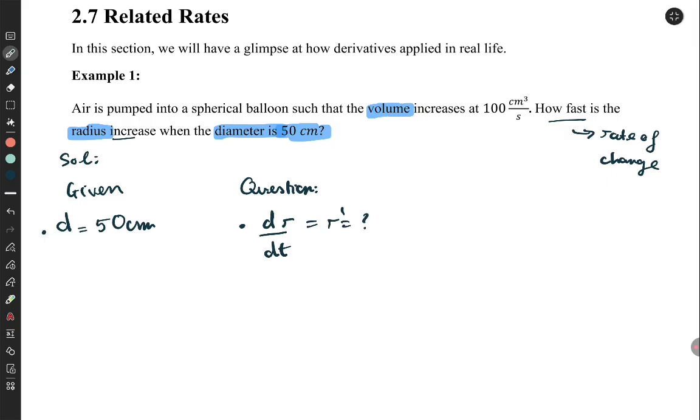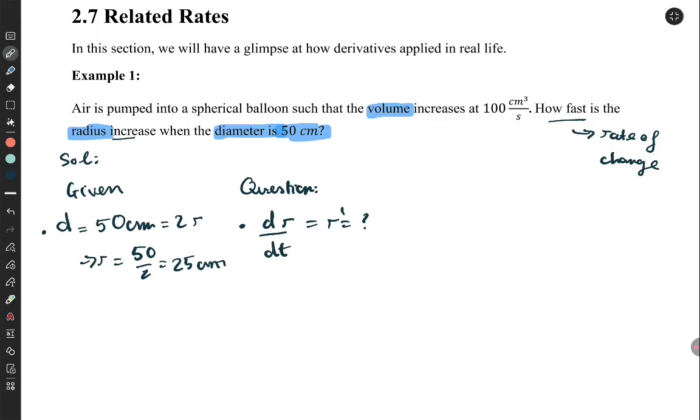They don't give you the radius. Do you know the radius? The diameter is 50, and the diameter is twice the radius. So the radius is actually given to you, 50 over 2, just 25 centimeters.